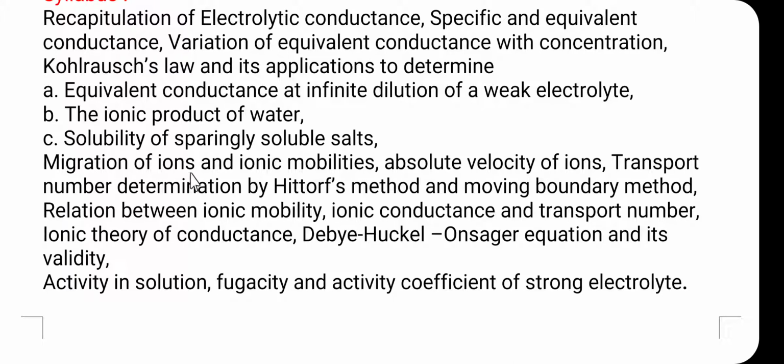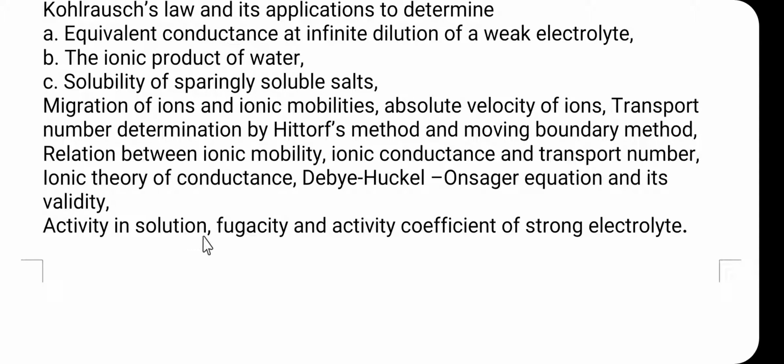Then migration of the ions and ionic mobilities, absolute velocity of the ion, transport number, then determination of the transport number by using the Hittorf's method and the moving boundary method, then relation between the ionic mobility, ionic conductance and the transport number, then ionic theory of the conductance, that is the Debye-Huckel-Onsager equation and its validity, and lastly activity in the solution, fugacity and activity coefficient of the strong electrolyte.